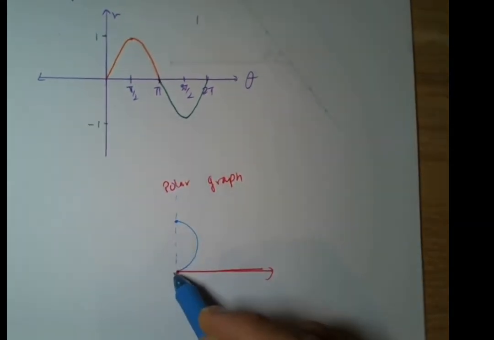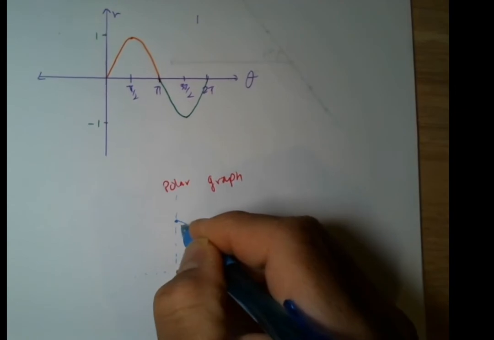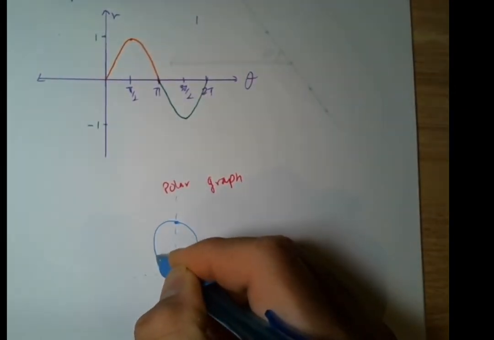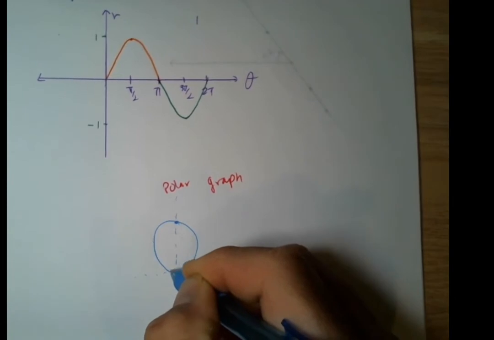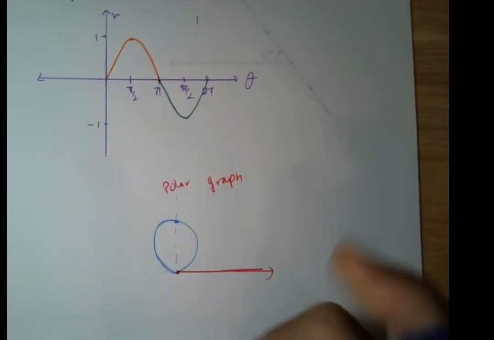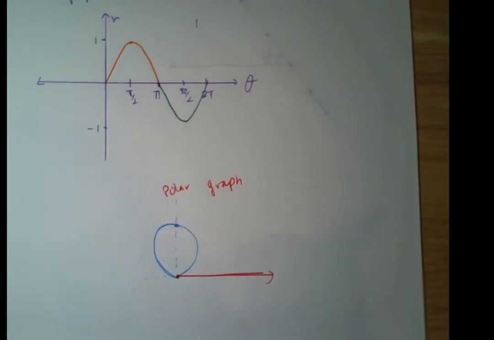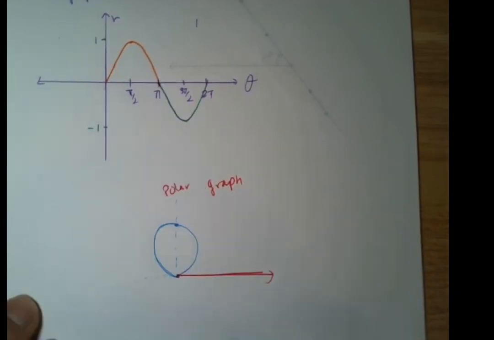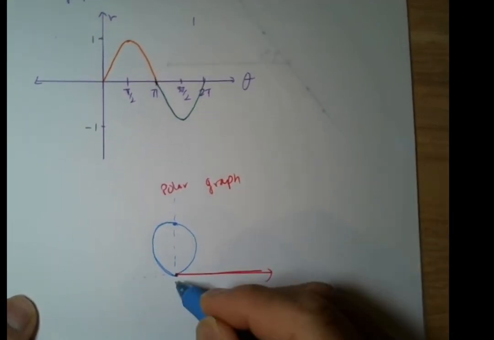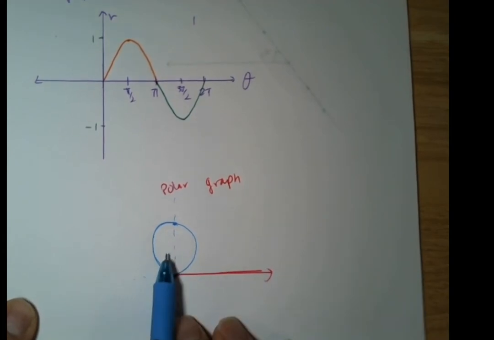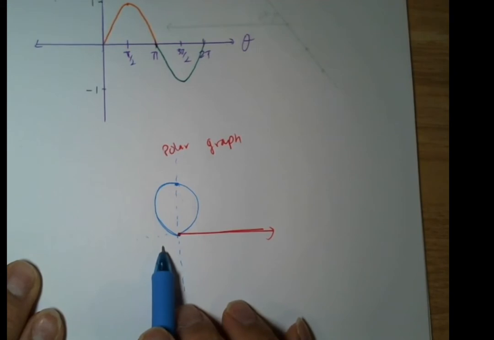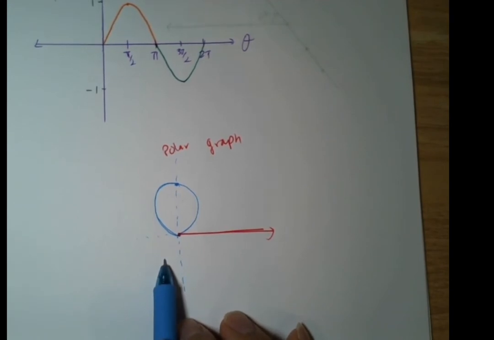So when I get down to pi, in a very similar way, almost reflected across here, that value goes to 0. Now, what happens in the green part of our graph? Normally we would expect the graph to go down from pi to 3 pi over 2 if the values of r were positive.